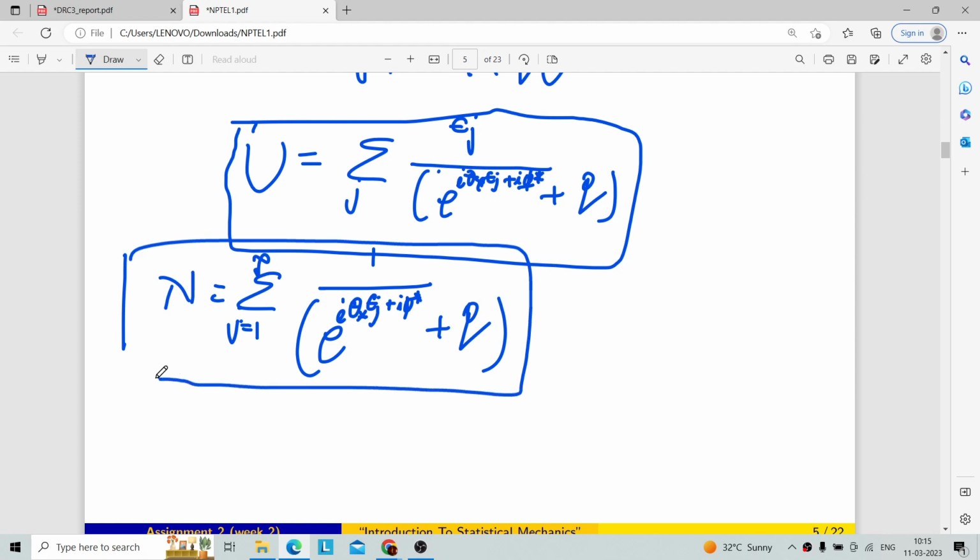If you check lecture 4, you will see the forms of u and n in this form. So I have shown you the method so that you can derive these terms, right?